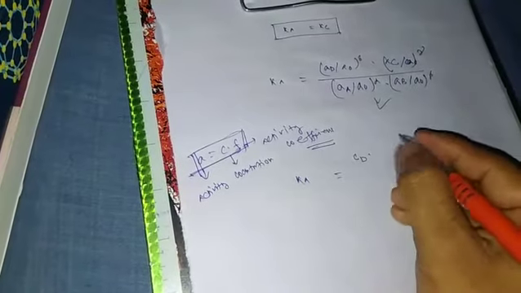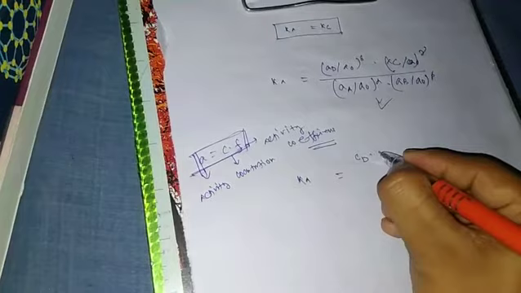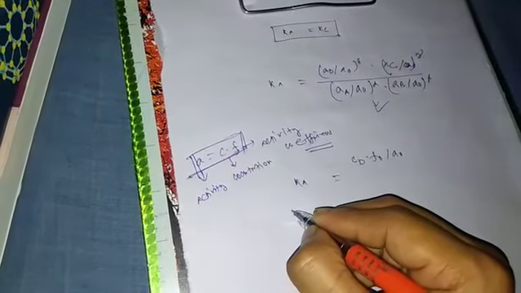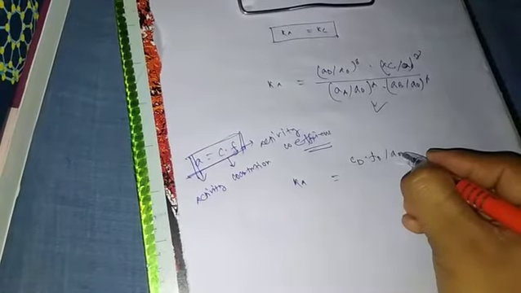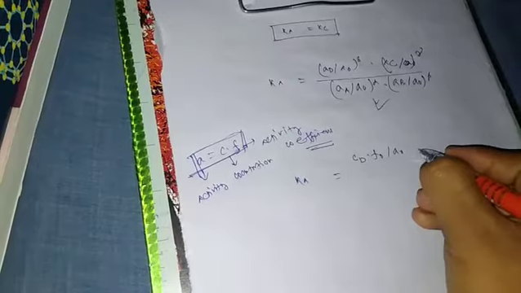It will be FD divided by A0, and A0 is also C0 into F0.